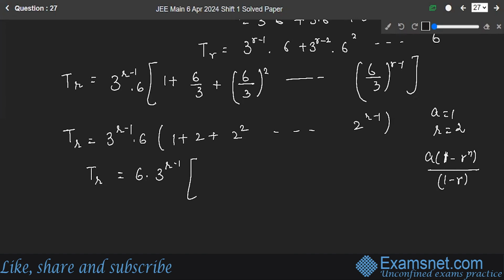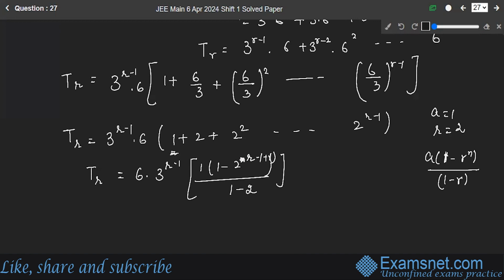Okay, so here your a is equal to 1, and 1 minus r is 2 raised to power n. n is this r minus 1, and this is divided by 1 minus 2. This will be r minus 1 plus 1, because this is also there, right? I'm starting with this, so this is plus 1 also, because I'm starting from 1.